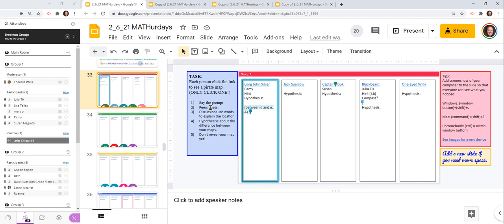Palm trees. Pond. What was the second guess? I heard palm trees and what else? The pond. Okay. What else do people have there?